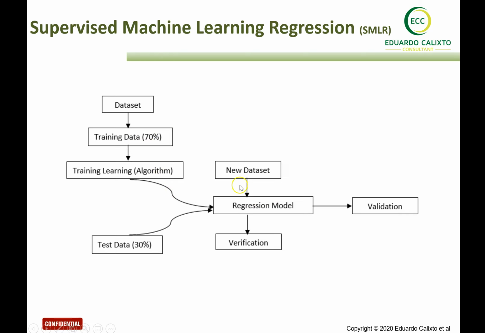Then we predict the error of our model. We apply the test data and predict the error as well by using the test data in the model that we created. That is the phase called verification. After that, we come out with a new data set and test our model again. Then we can validate our model.